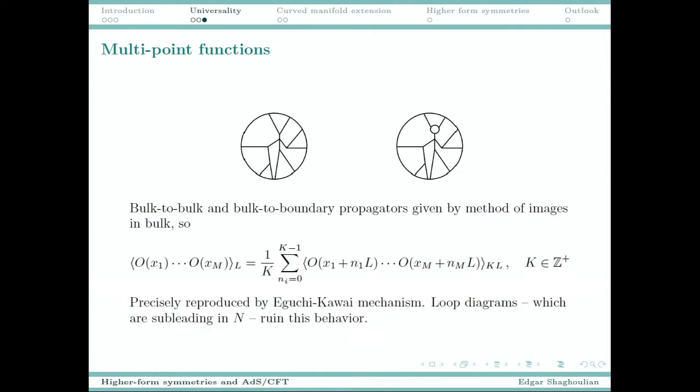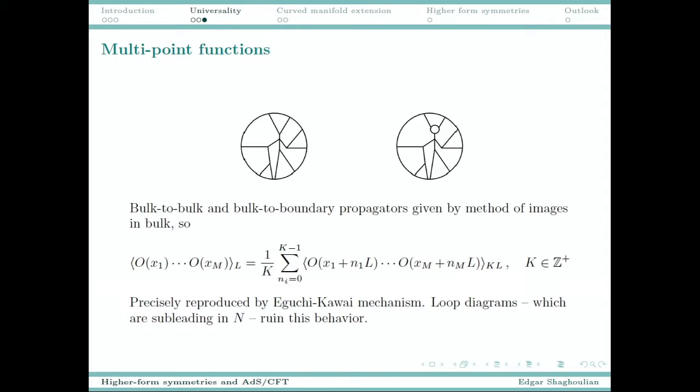Okay, that was just 2-point functions. It's a similar story for multi-point functions. If you want to consider a Witten diagram, so this is AdS, this is the boundary CFT, and you want to consider some 9-point function, at tree level in the bulk, meaning the leading order in N contribution to the 9-point function.